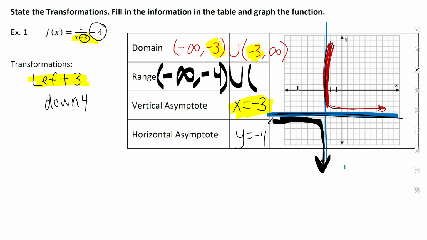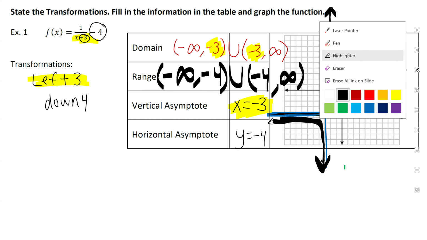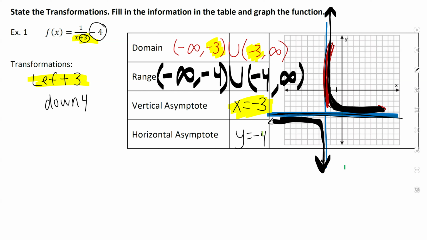And we'll do the next one. We're looking at this graph here. The very bottom is also at -4. And then it shoots up to infinity. So that is the range. And let me highlight what matches. This always matches. Those numbers match.